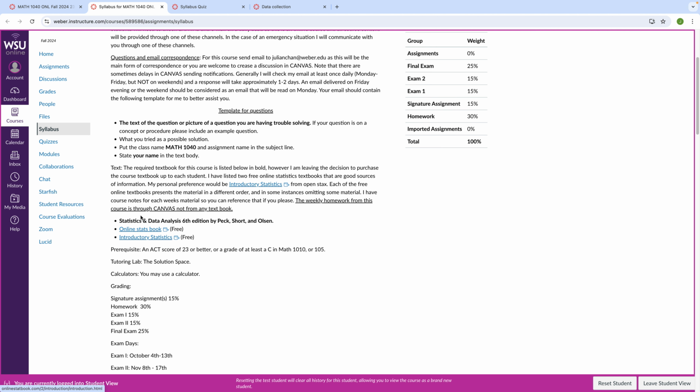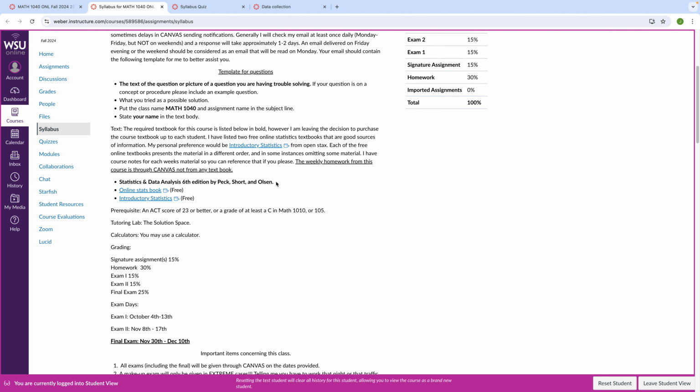Okay, so the text for this course, the official textbook that's required according to the math department, is Statistics and Data Analysis by Peck, Short, and Olson. I've had many students tell me that they've found it sufficient to simply watch the recorded lectures and or use the slides that I provide.